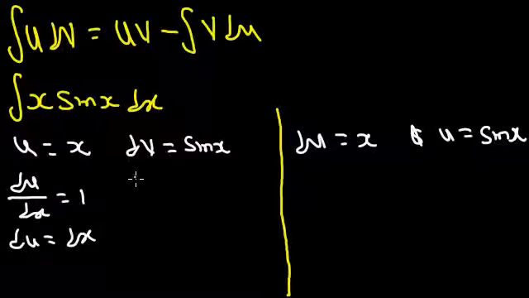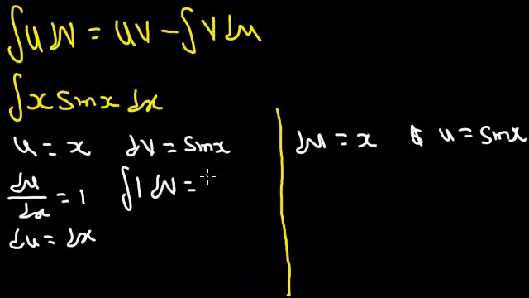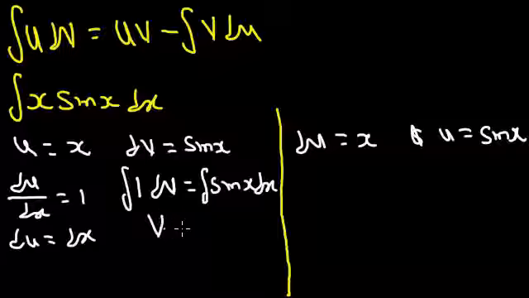We can integrate both sides, so the integral of 1 dv is equal to the integral of sine x with respect to x. Upon integrating 1 with respect to v, we have v.